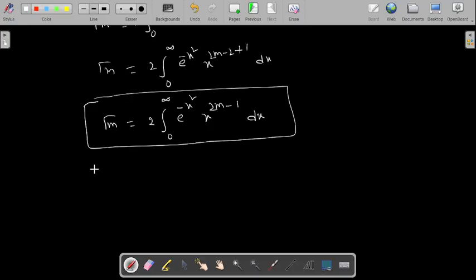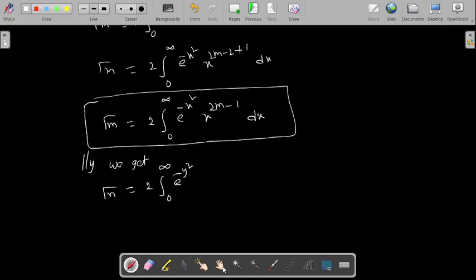Next, similarly, we get gamma n equals 2 into integral 0 to infinity e power minus y square.